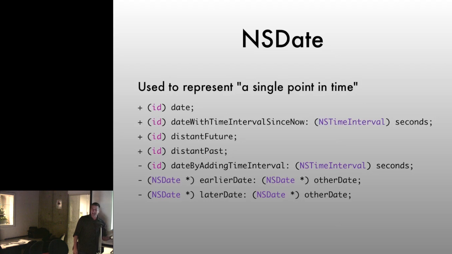Distant future and distant past are really interesting ones. These are class methods. Distant future says, I need a date that's way, way, way out that I don't ever want to hit, ever.